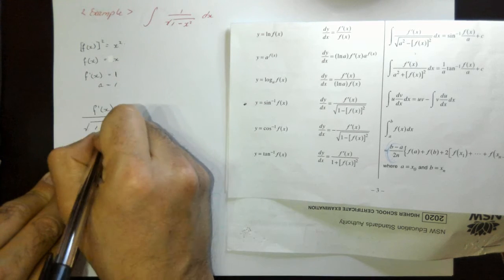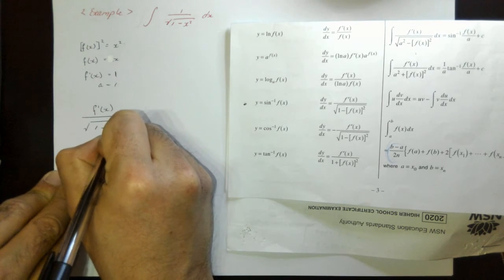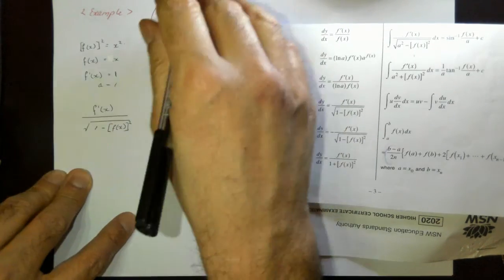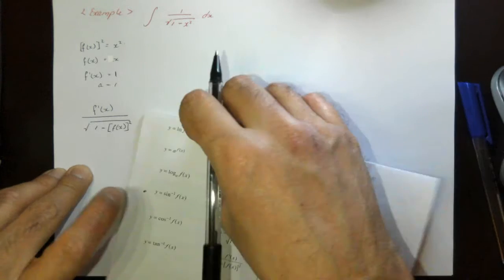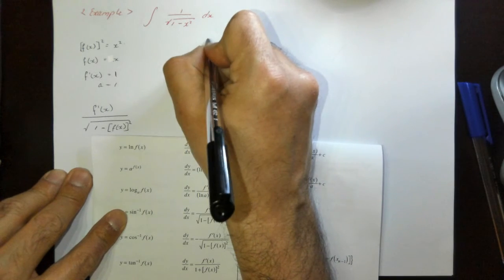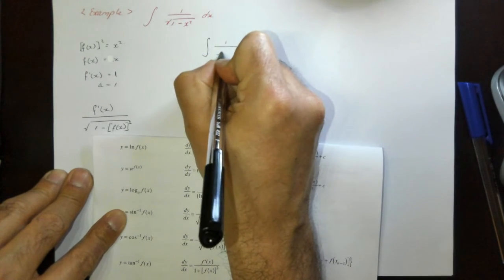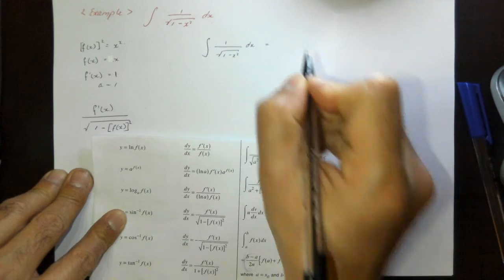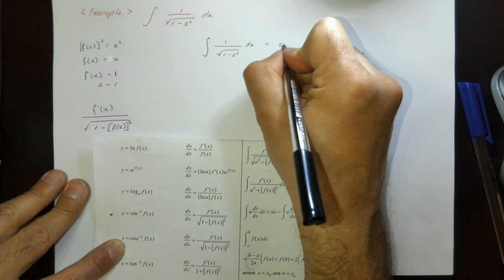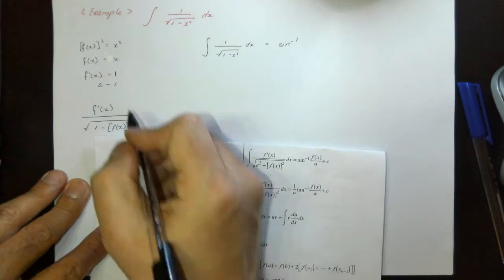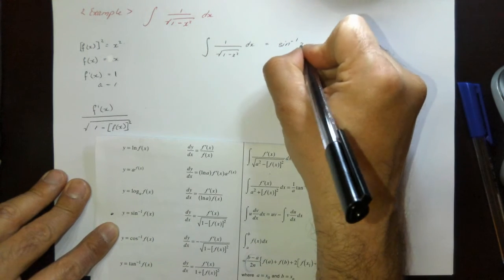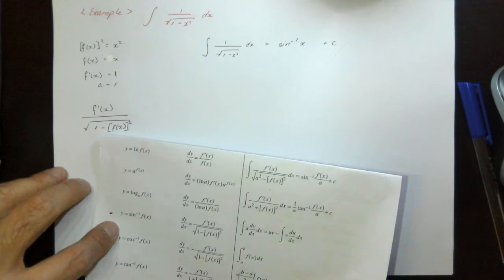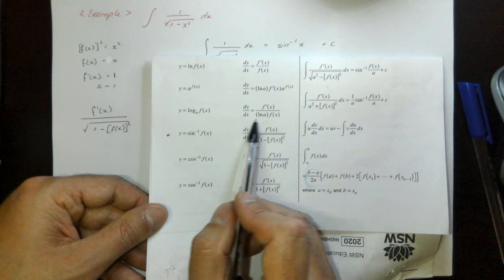So a is 1 minus f of x all squared. So the solution to this is equal to inverse sine of f of x, which is x, plus c. Okay, and that's using our standard integrals.